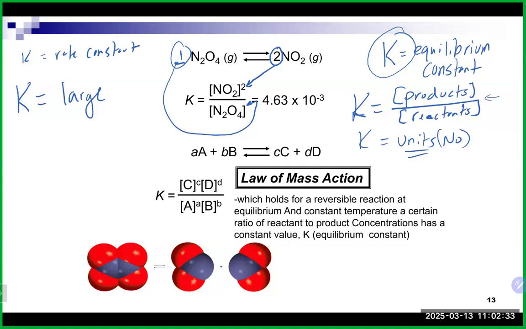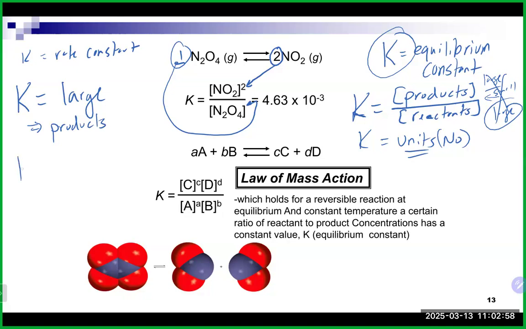So if I have a large value, it is products. Mathematically, if you take a large number on top divided by a small number, you get a large number. So when you have a large value of K, it means that when you reach equilibrium, you mostly have products present.